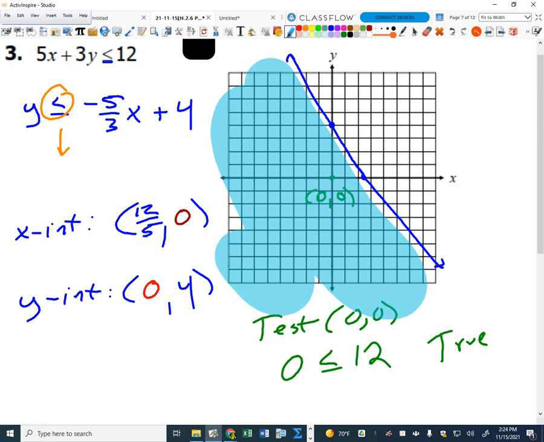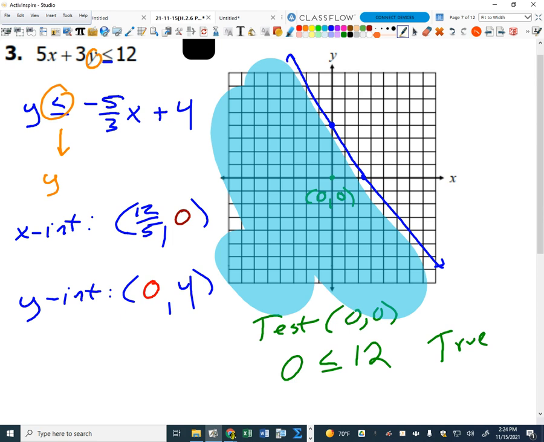How else could we do it? Well, even if we didn't put it into slope-intercept form, we could anticipate what the sign is going to be here, couldn't we? Even if I didn't do all this work, does everybody agree if I'm going to isolate that y, I'm going to end up with y on the left side. I don't have to flip the inequality because I'm dividing by a positive 3.